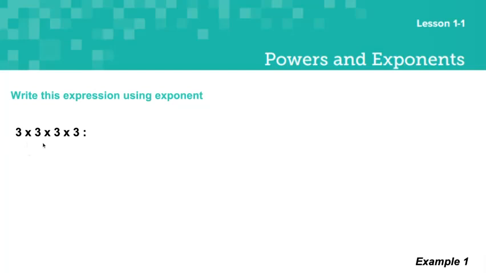The number that is repeating is 3. We write 3. Then we see how many times it is repeating. It is repeating 4 times, so the exponent is 4. So the answer will be 3 exponent 4.